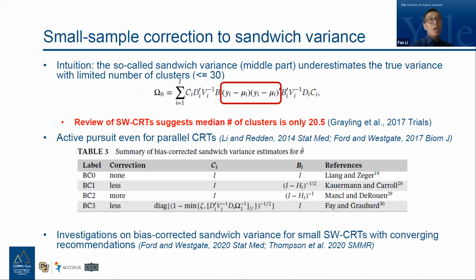And the investigations on the bias-corrected sandwich variance were also pursued in recent articles for small stepped wedge cluster randomized trials, with roughly converging recommendations on what to consider for the analysis.